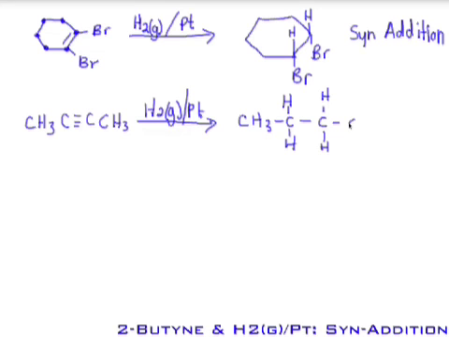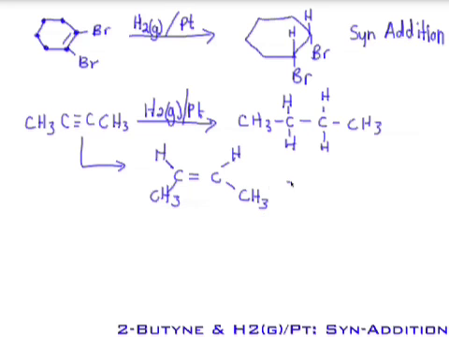This reaction will produce alkane. Yes, you go through the cis-alkene. You still get Syn-Addition. But in actual fact, it's very hard to stop.